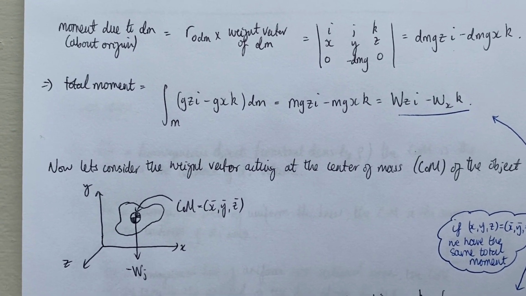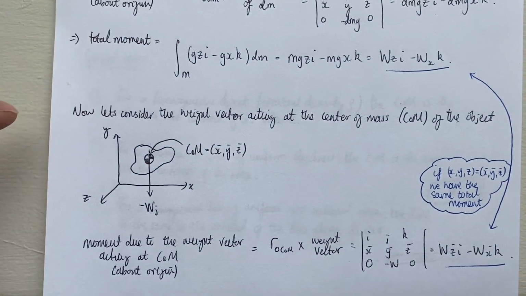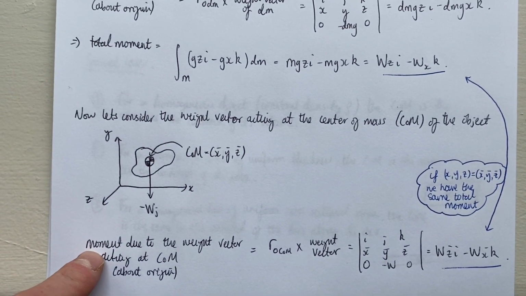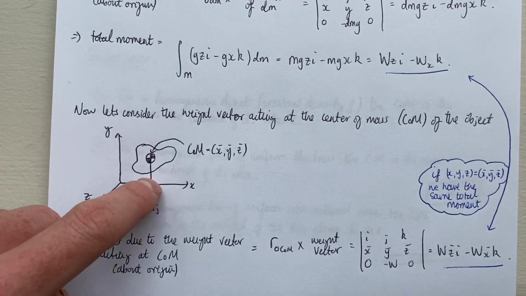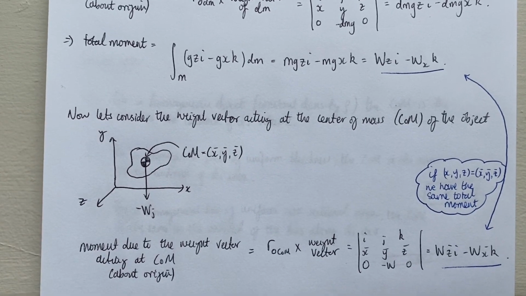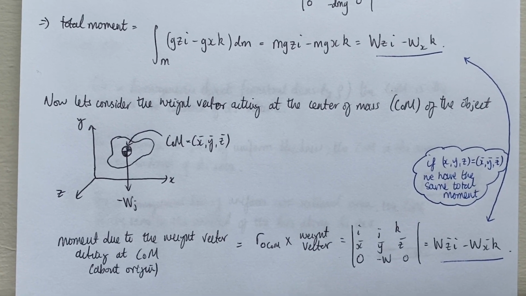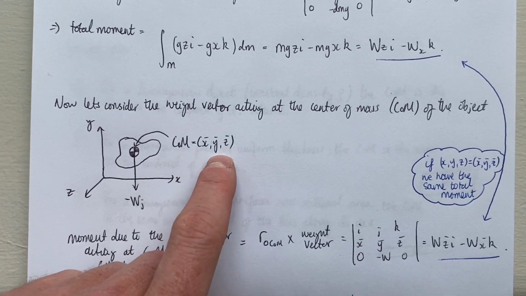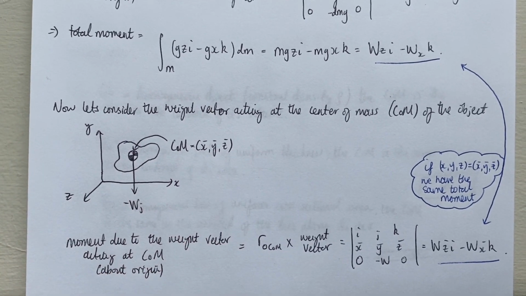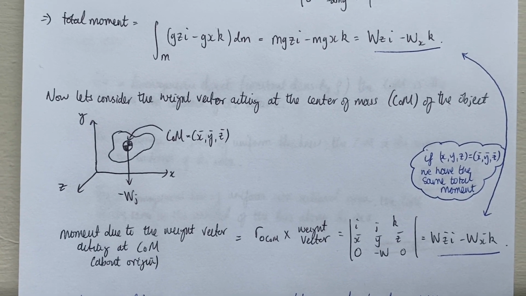Then I've used that information to do exactly the same thing as I did up here. I've calculated the total moment about the origin due to this weight vector. So what I do is take the position vector from the origin to the center of mass, which is at x bar, y bar, z bar, and cross-producted it, if that's even a word.